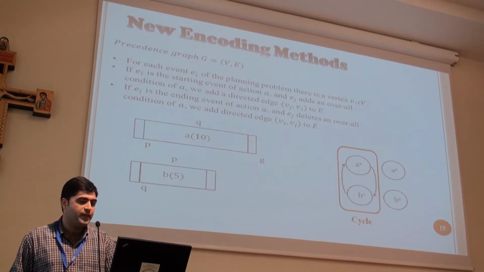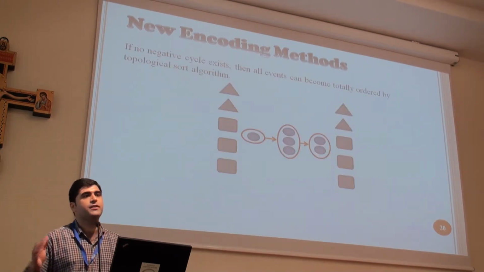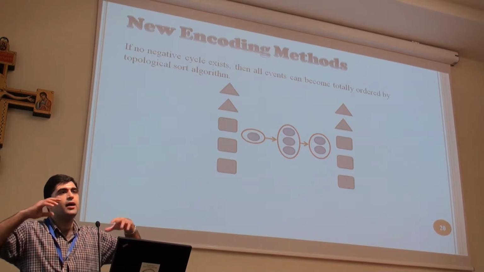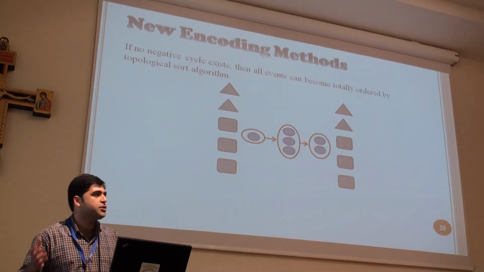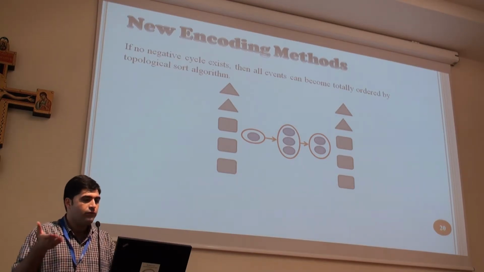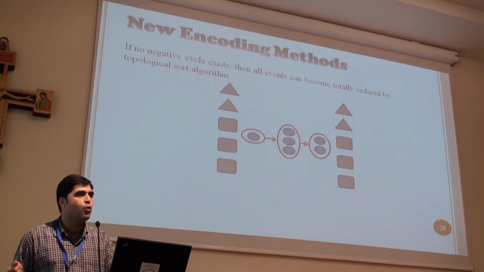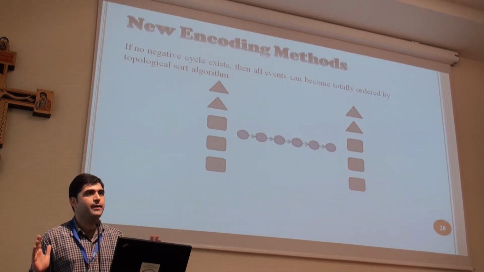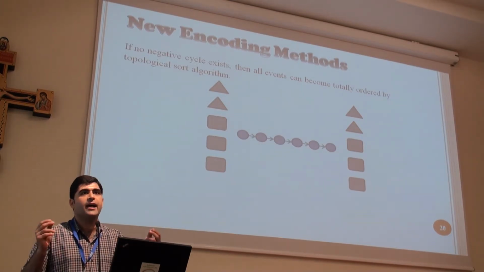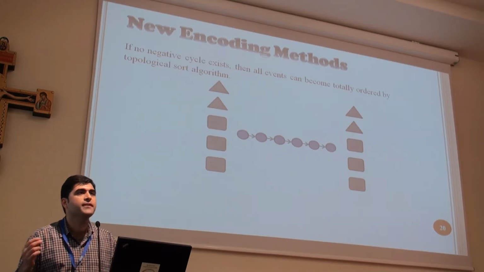If we don't have a cycle, we can order these events because there is a topological sort of these events, and when we order these events, then the resulting plan cannot need simultaneity.